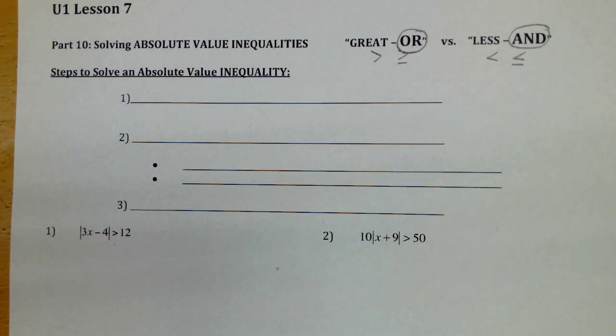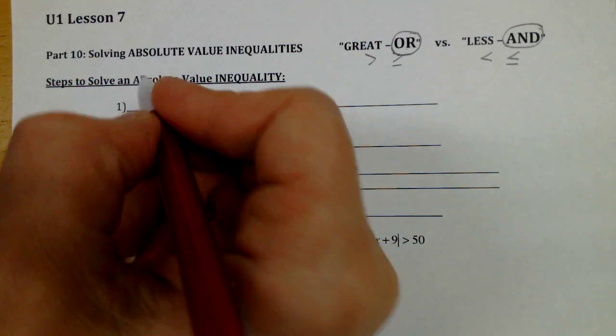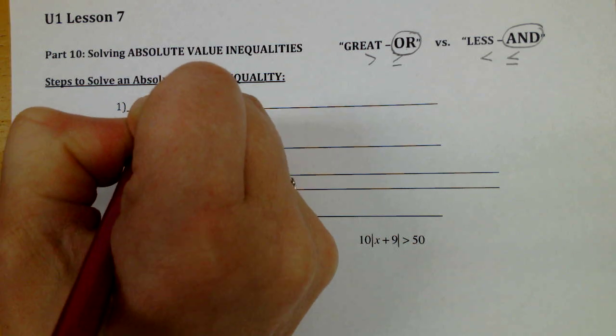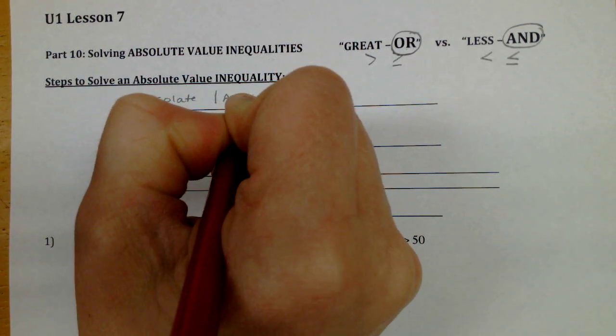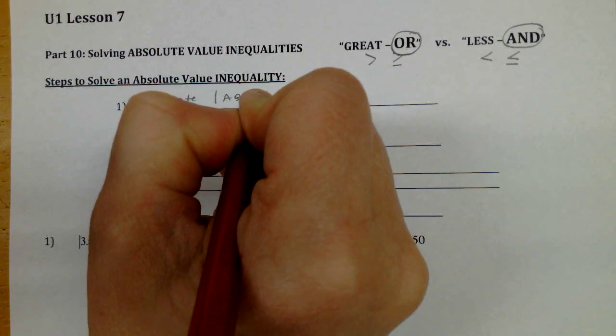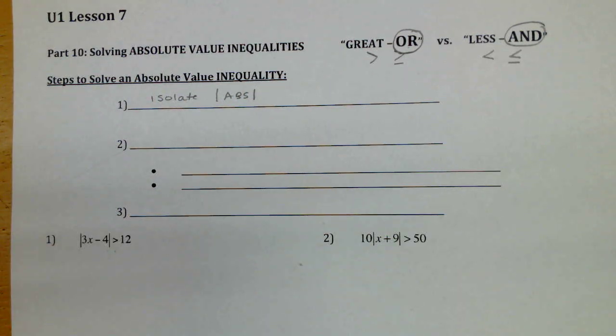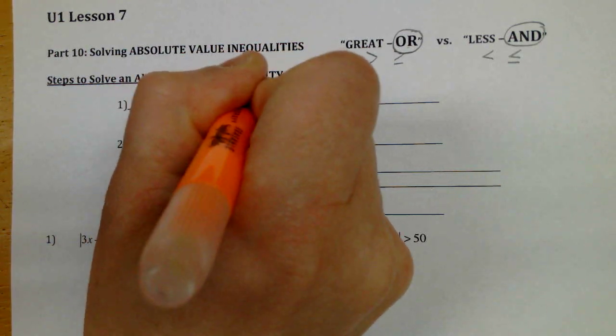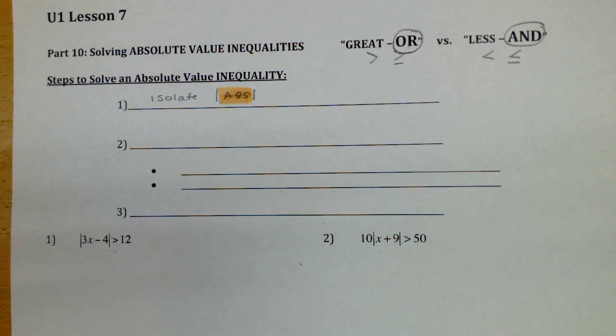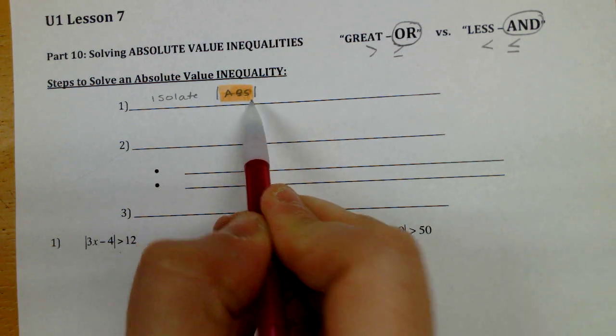So the steps to solve these are pretty simple. Number one, the first thing we're going to do is isolate the absolute value. I'm going to highlight this because I want it to look like we did before. What that means is that the absolute value has to be by itself.